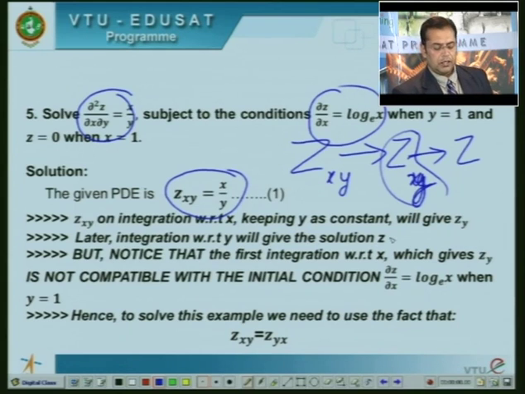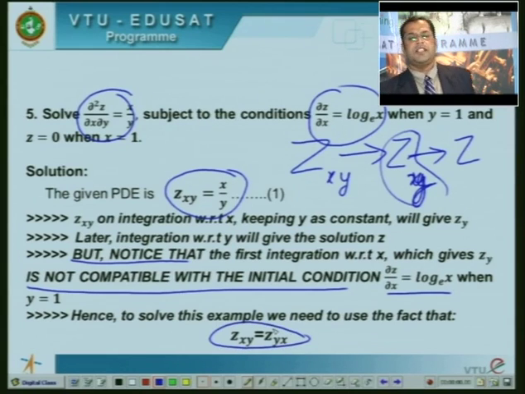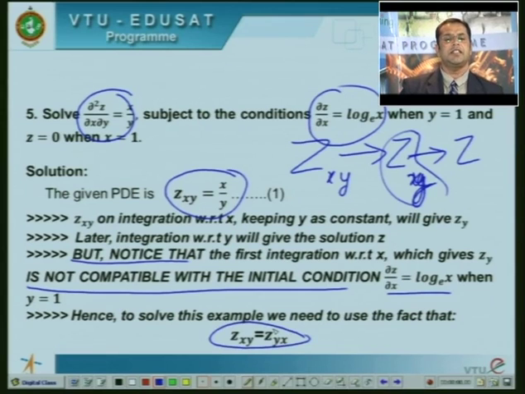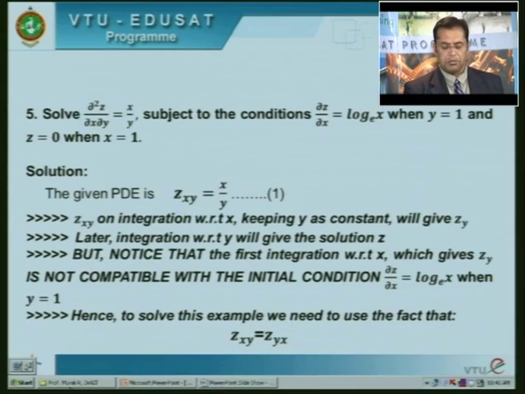But notice that the first integration with respect to x, which gives zy, is not compatible with the initial condition dou z by dou x equal to log x when y equal to 1. Hence, to overcome this, just use the fact that zxy is the same as zyx. This is very important, friends. Without this, the given conditions cannot be applied to the given problem. So, what do we do?